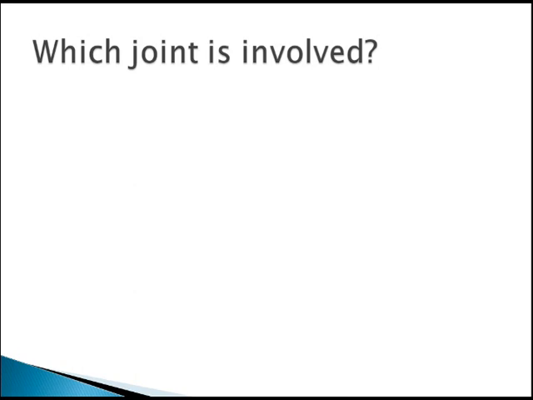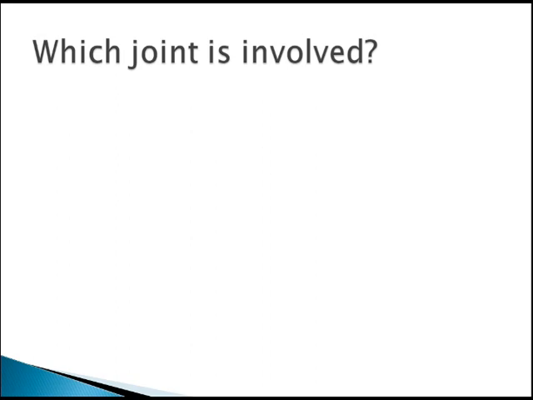So which joint is involved? The next question: they give the history of involvement of the knee joint, vertebral joint, or shoulder joint. Before that, you need to look for whether there is involvement of many joints or a single joint. If many joints are involved, think of infection like parvovirus B19, hepatitis B infection, SLE, and rheumatoid arthritis.